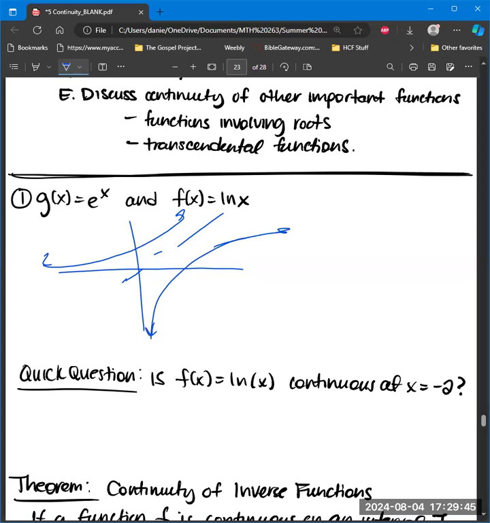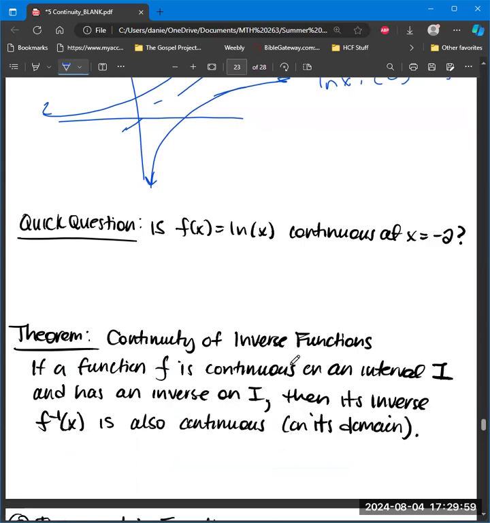And intervals of continuity: e to the x is continuous on negative infinity to infinity. ln of x is continuous on 0 to infinity. Is f of x equals ln of x continuous at x equals -2? No, it's not defined at x equals -2.